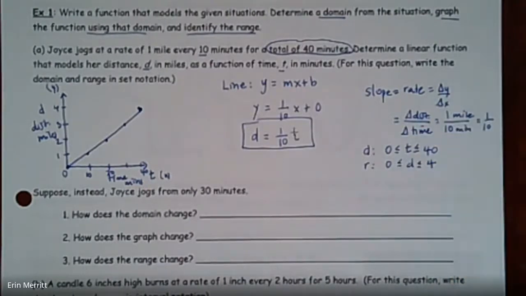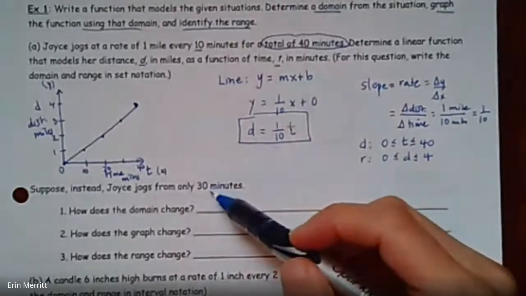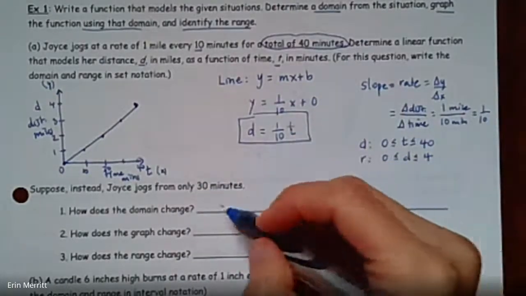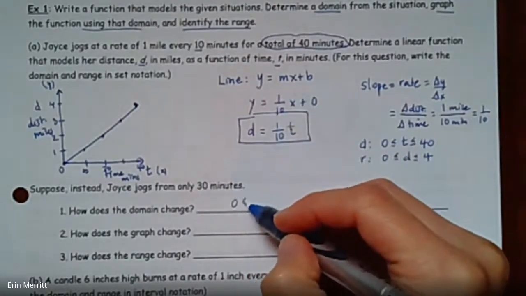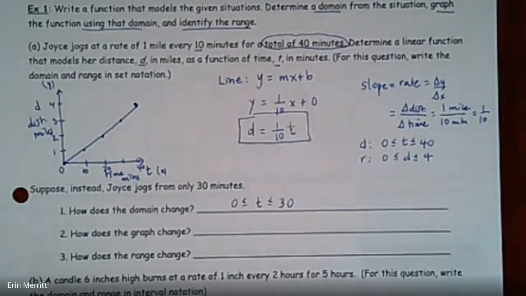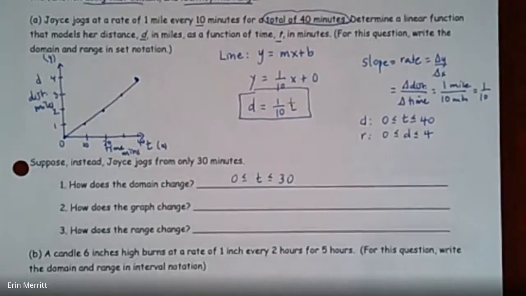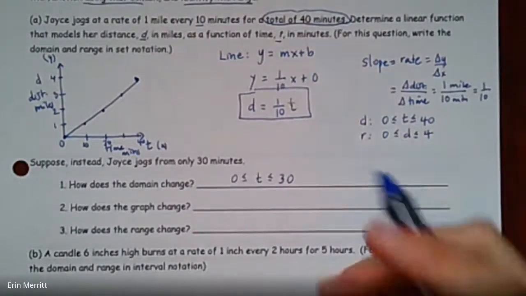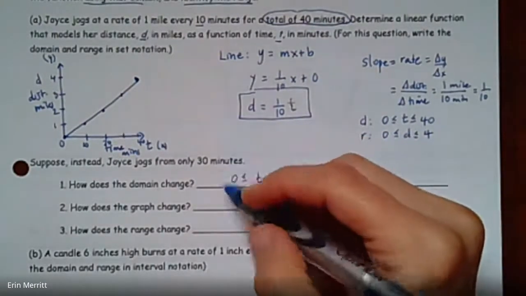So if she's got 40 minutes, she's got 4 miles that she can cover, all right? So if she only has 30 minutes, then the domain in this case would go from 0 to 30. All that's going to happen to the graph, it's still going to have the same slope. It's just going to be a smaller segment.